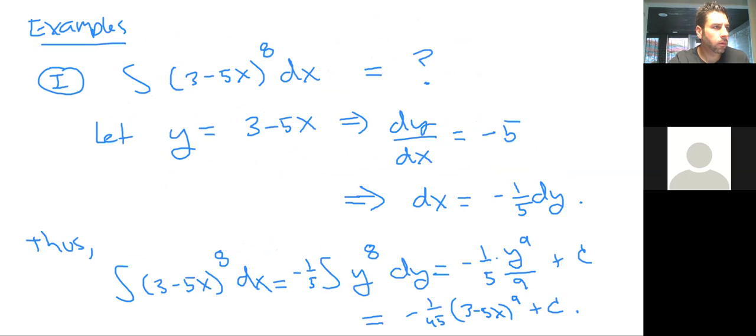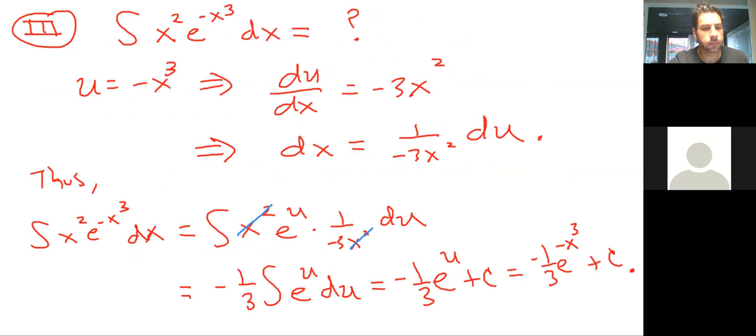By the way, you should challenge yourself to see why what I wrote on the previous page is in fact correct.